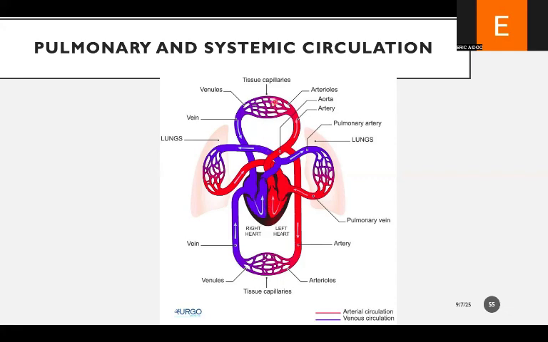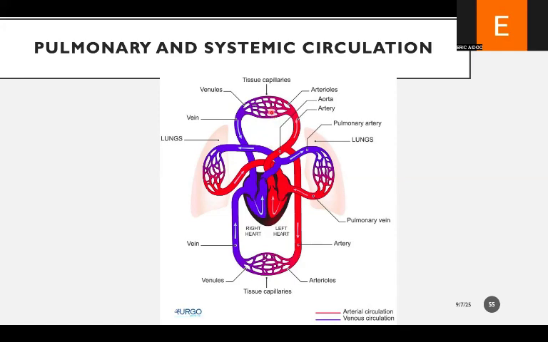So this portion will be the upper portion of the body, because the aorta is supplying this through the brachiocephalic. So brachiocephalic is going to the brachium and the cepha, which is head. So upper limbs and then the head region. Okay.